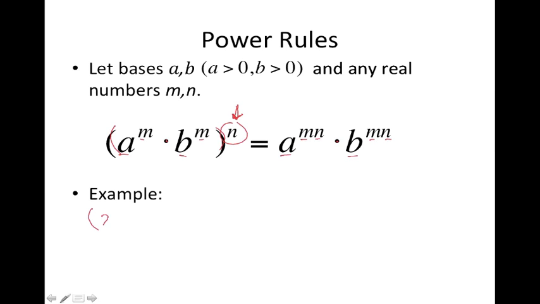So my first base is going to be 2. That's going to be raised to the fourth power times a different base. Let's have 5 raised to the same power. That's going to be 4. And we're going to multiply this quantity by 2. So that becomes 2 to the 4 times 2, because we have this original exponent multiplied by the new exponent here.